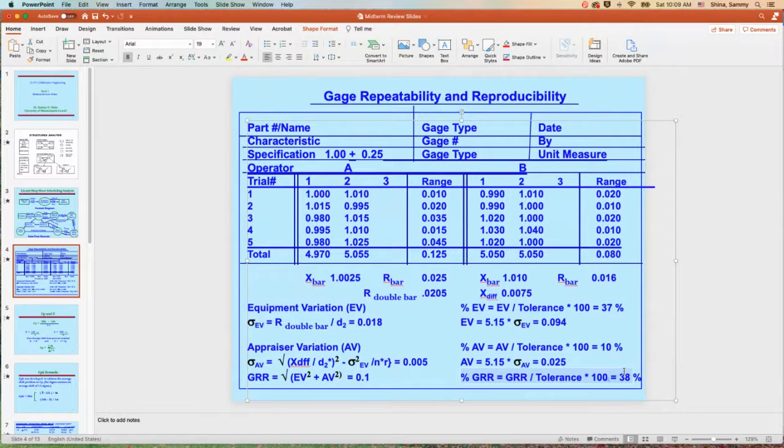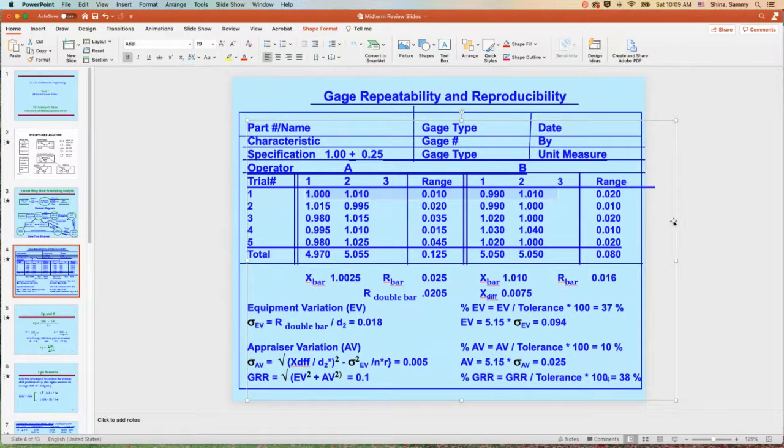Make sure you look at the homework that I mailed you, the solution that I mailed you, to see how we do that. So what we do for the part variation is we look at the average of each part here. So what do we have? We have 5 parts measured 4 times. Operator A measures 2 times, and operator B measures 2 times. So 5 times 4, we have 20 measurements. 5 parts, each part measured 4 times.